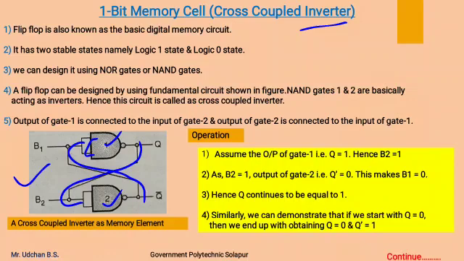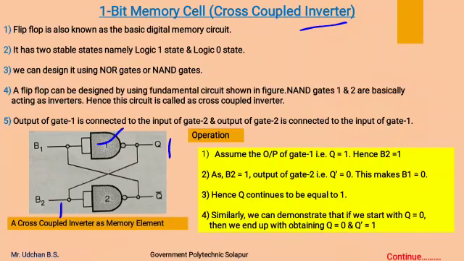Now we will see the operation of this memory cell. Assume output of this gate 1, that is Q, is 1. Hence B2 will become 1.